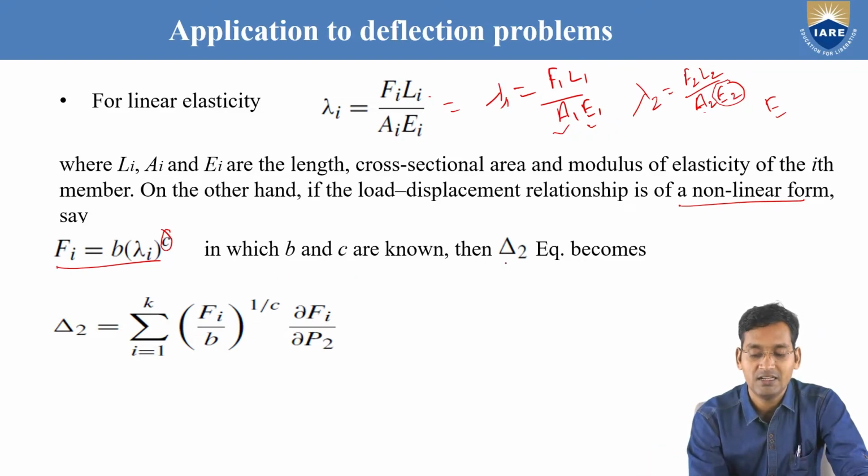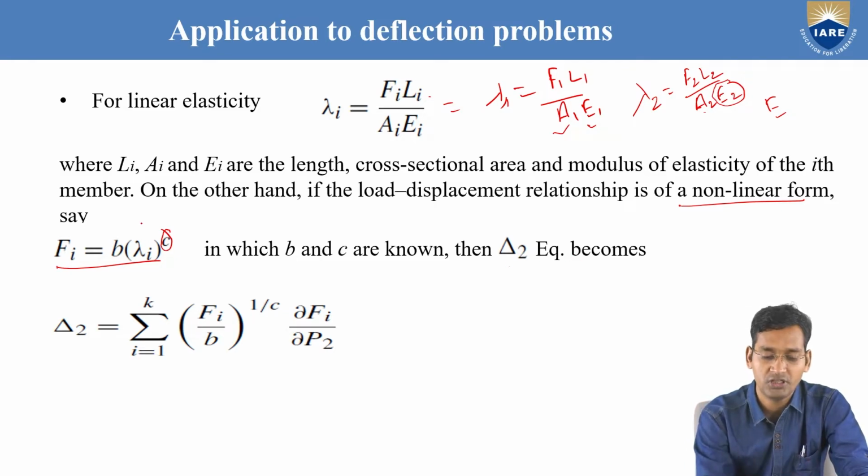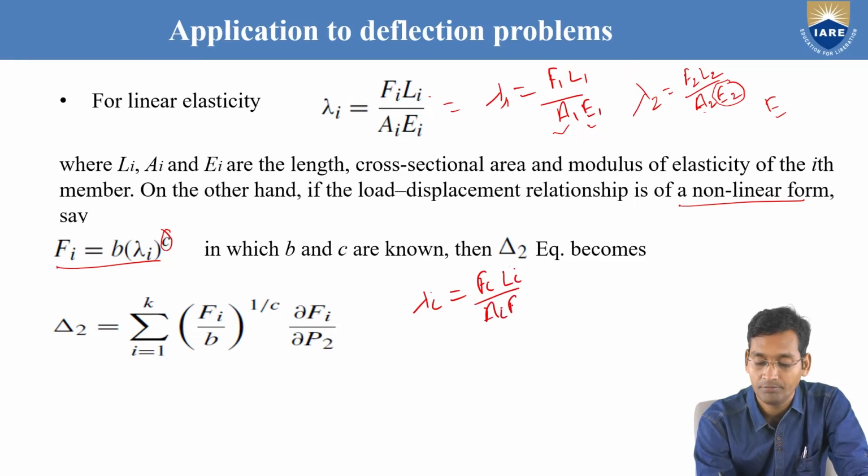Then the delta 2 equation comes. Now put this in the delta 2 formula, replacing lambda in terms of Fi: lambda i equals Fi Li by Ai Ei.